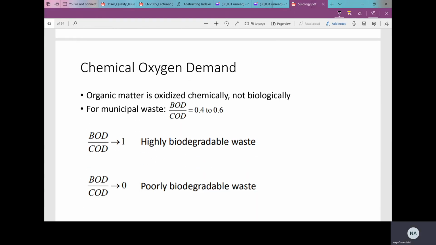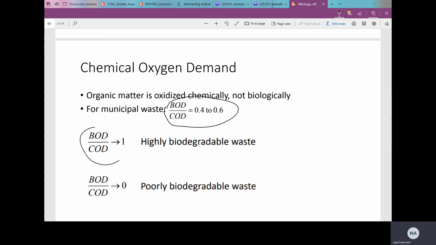This is a very important slide. It came in every final exam. BOD and COD could give you an indication. If you divide BOD over COD, it could indicate if the waste is biodegradable or non-biodegradable.